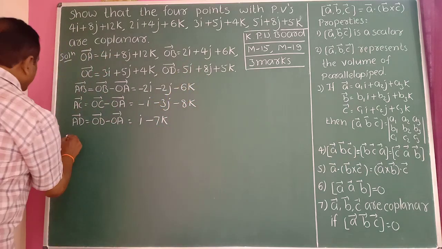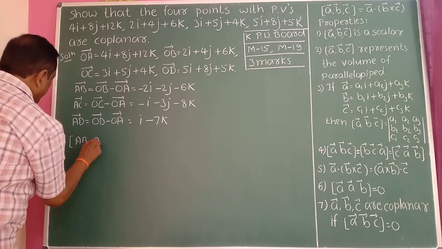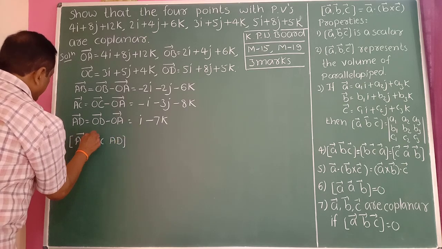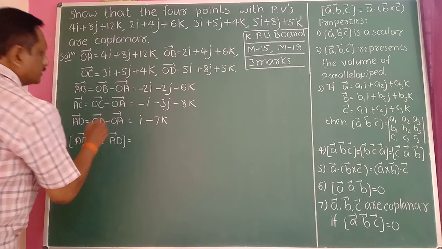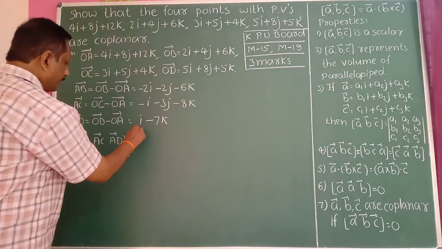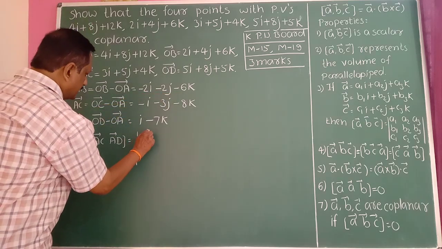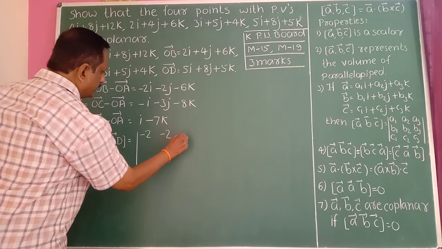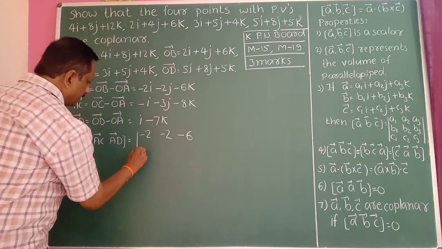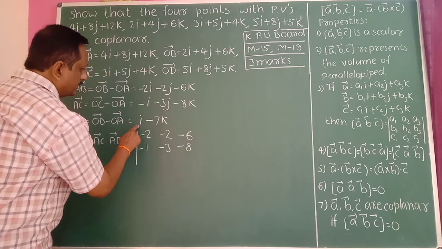Therefore, the scalar triple product [AB, AC, AD] is equal to, yes, this is a formula, the determinant of minus 2, minus 2, minus 6; minus 1, minus 3, minus 8; 1, 0, minus 7.